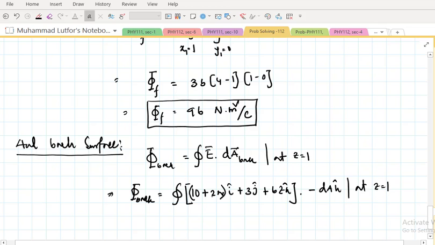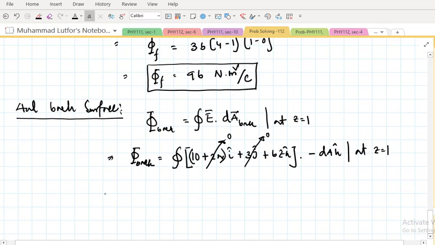By the same analogy, i dot k is going to be 0, and j dot k is also going to be 0. Then phi back would be minus bz into dA at z equal to 1.